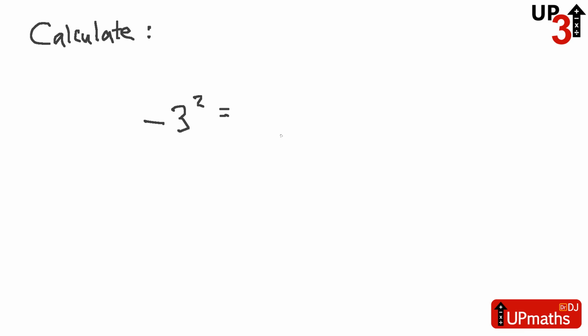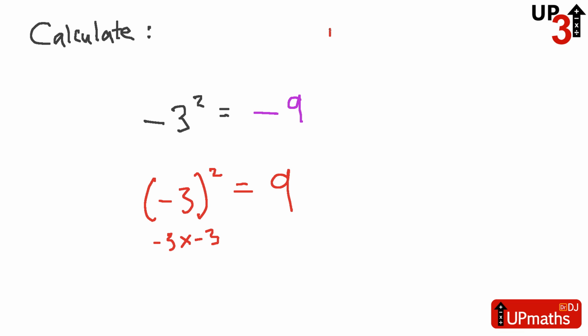I also like to throw this question in. The answer is minus 9. This is controversial. I've had students get quite angry about this, saying that they're definitely right. Now, what is true is minus 3 squared is 9, because that would be minus 3 times minus 3. But remember BIDMAS, or however you describe it, indices are the second thing, and only later do we do subtraction.